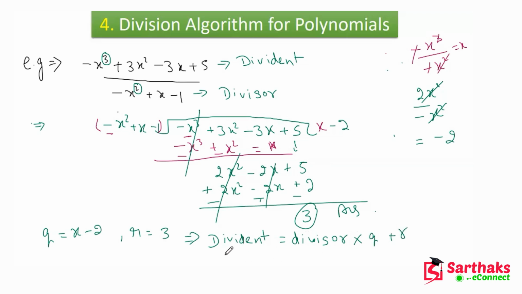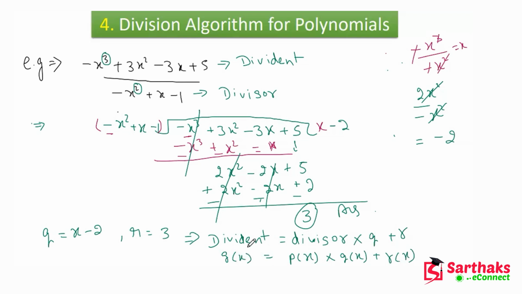This is the divisor. So the dividend is g of x, the divisor is p of x, into the quotient q of x, plus the remainder r of x. Okay, so here is the algorithm part.